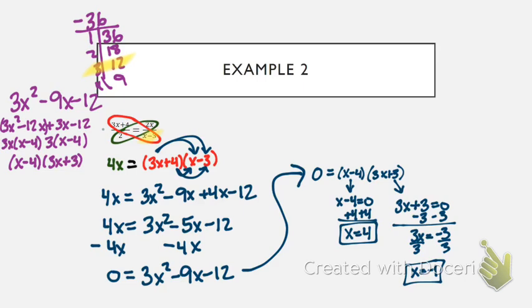So we can do the math and sometimes get an answer that's not going to work. Just double check that the answers you get do not fall in the restricted x values that aren't allowed. So 4 and negative 1 are both fine. The only restricted value here is going to be 3.